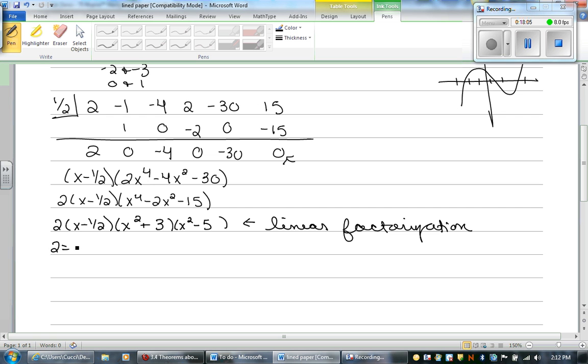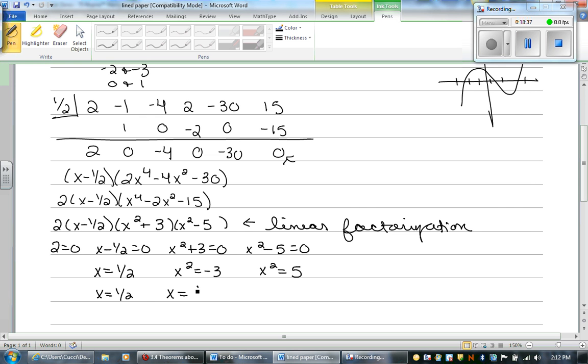So my last step is to find those rational zeros. So we get x equals 1/2, x squared equals -3, x squared equals 5, so we get x equals 1/2, x equals plus and minus the square root of 3i, x equals plus and minus the square root of 5.